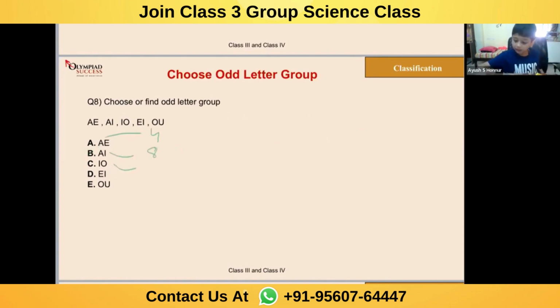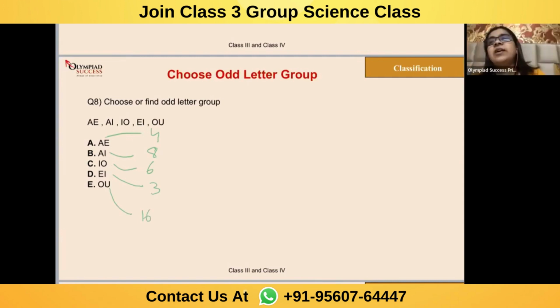And in the middle of E and I, 3. And O and U, 16, ma'am. And only in E and I's middle, the letters have an odd number. Yeah, Ayush. That was what even Harnit was saying. So yes, this is one another logic which can be possible.